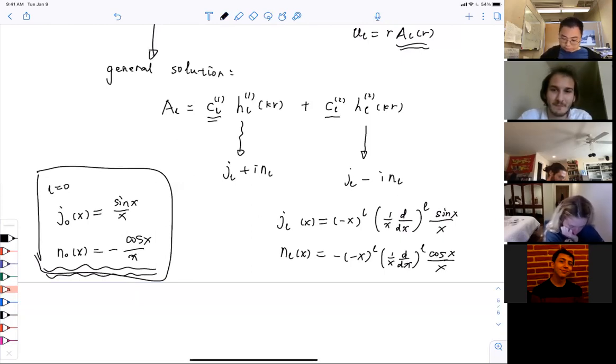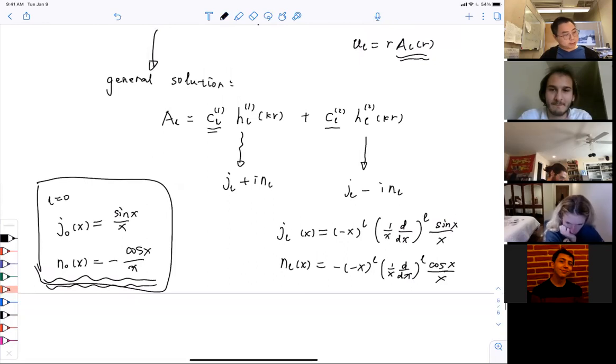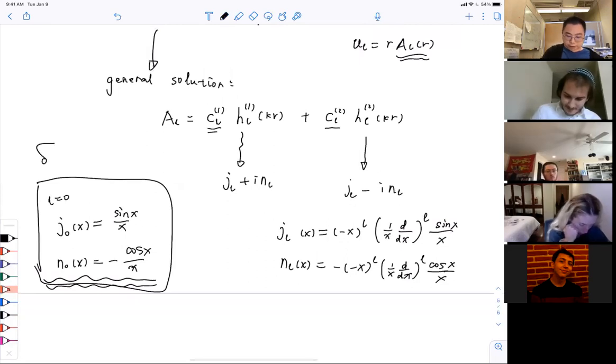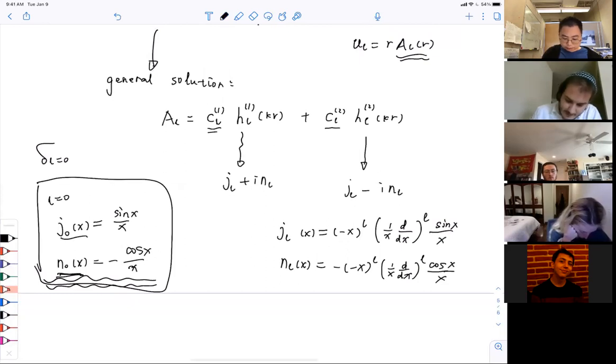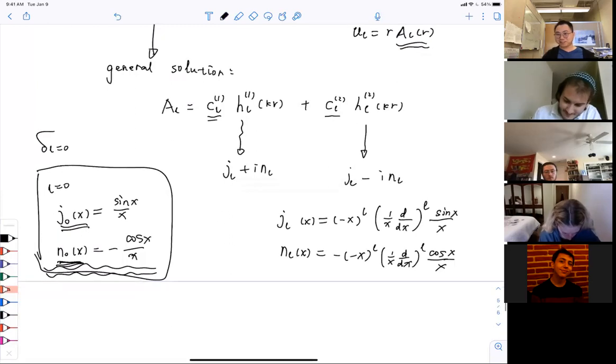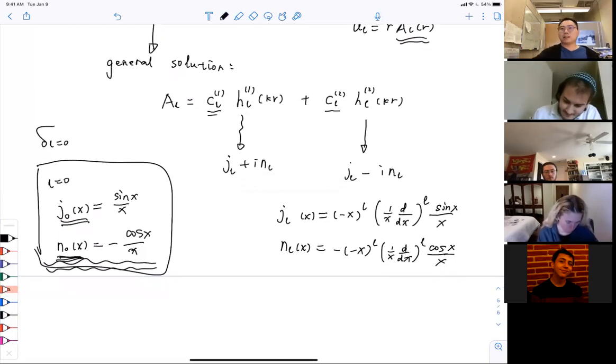It's very simple, because in most cases we only care about S wave scattering. Basically, we want to calculate the phase shift for l equal to 0. Then the only special functions we need to deal with are these two, and they are not so special. They're just sine and cosine.